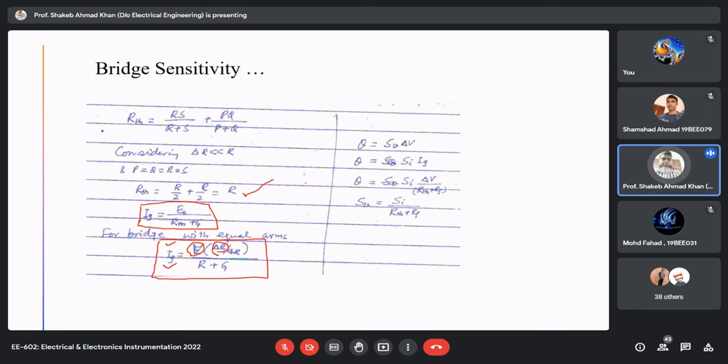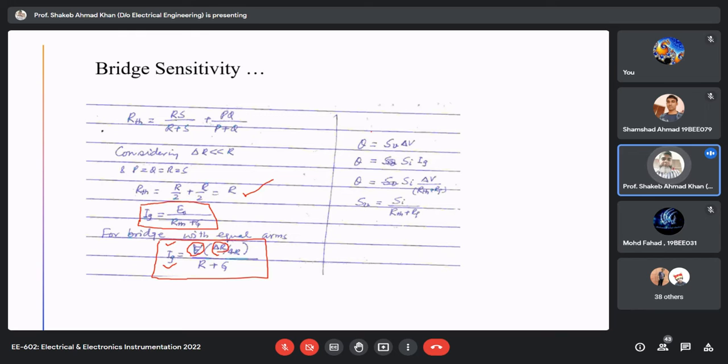Now our ultimate objective is to find the bridge sensitivity expression like we had in the previous case. Now I'm taking the help of the voltage sensitive bridge to get the expression, since both circuits are duals.